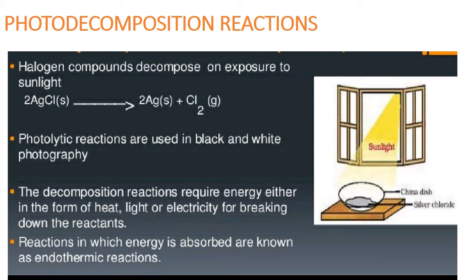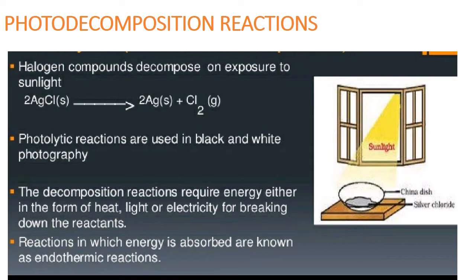The third and last type of decomposition reaction is photolysis or photodecomposition reaction. These are those reactions which take place on absorption of light. In photodecomposition, we'll take an example of decomposition of silver chloride. Whenever I place silver chloride in sunlight, this compound has the ability to absorb the sunlight.